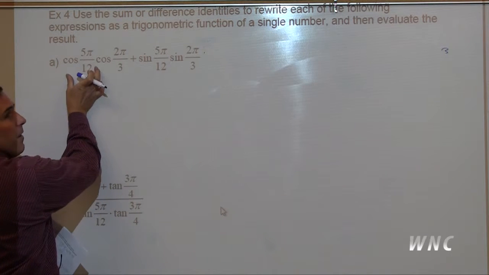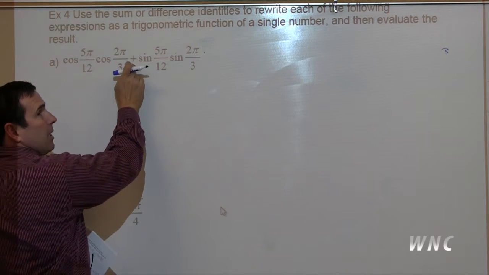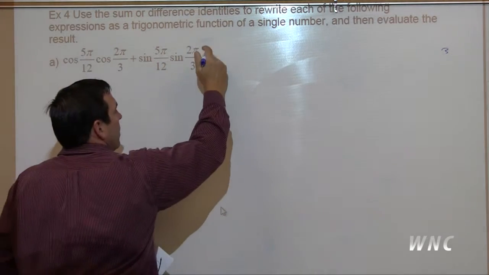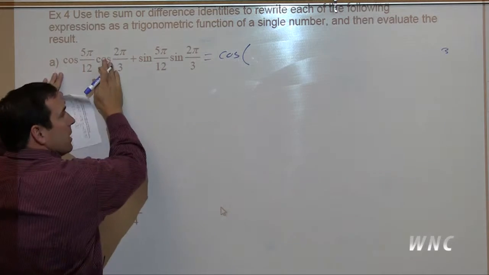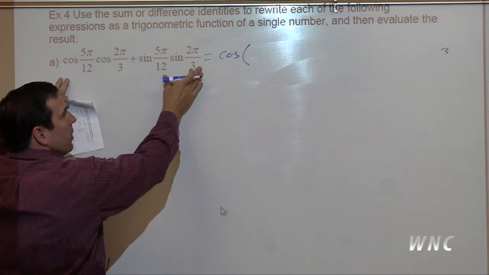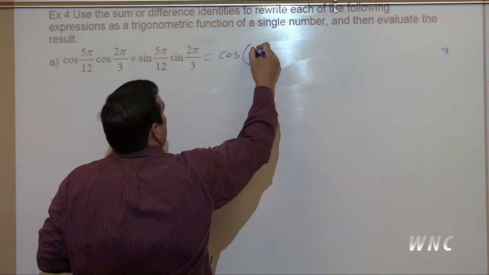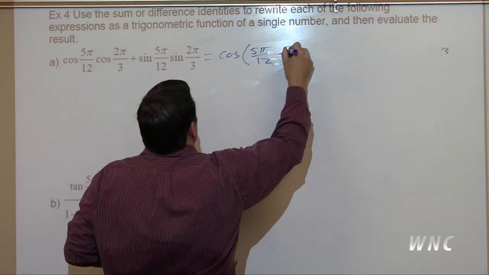Here we have cosine of 5 pi over 12 times cosine of 2 pi over 3 plus, that's key, sine 5 pi over 12 sine 2 pi over 3. That's going to be a cosine, because you have cosines together, sines together, and it's going to be a difference because it's the opposite of the sine here. Cosine of 5 pi over 12 minus 2 pi over 3.